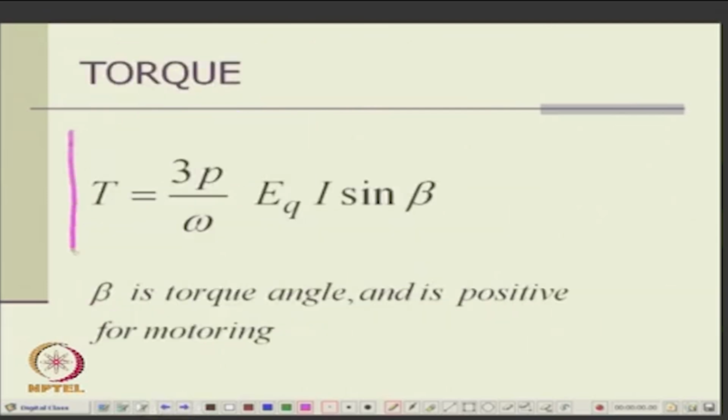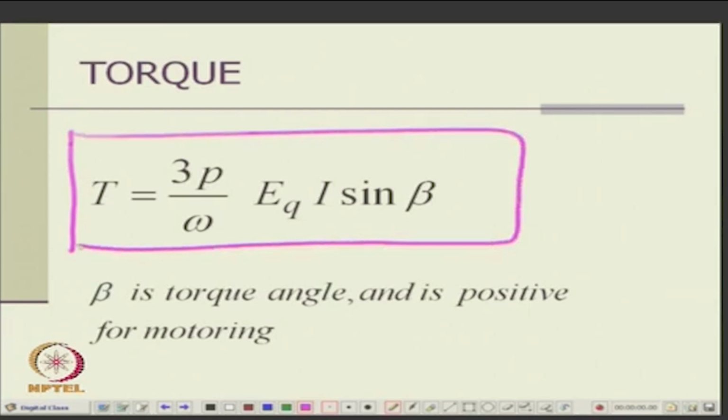Now, the torque you can show is 3 times P, the pole pairs, by omega, into E_q into I sin beta. Beta is the torque angle, that is for motoring. That means there is a voltage, and a component of this voltage. E_q is the voltage per phase along the Q axis.